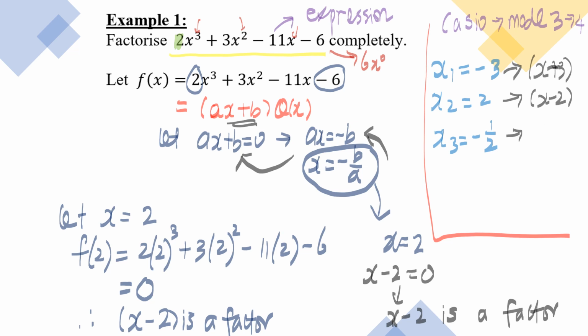You have to write it as 2x plus 1. I'll leave you to think why we have to write it as 2x plus 1. So these are all the 3 linear factors that you can find using your calculator. And to give you an idea how the curve will look like, there's one intersection point there.